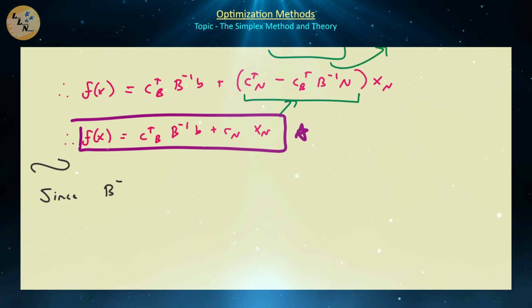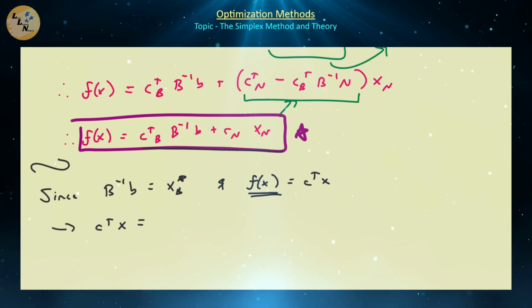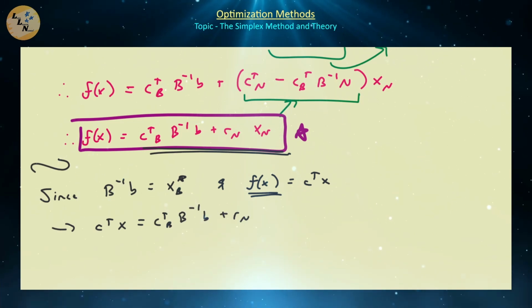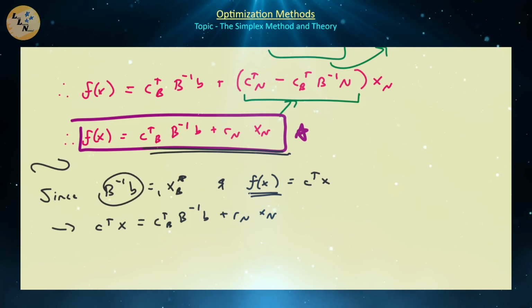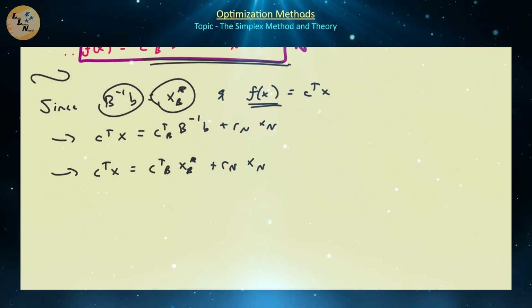Since B inverse b is going to be equal to xB star, and we also know that f of x is equal to c transpose x, that means c transpose x is also going to be equal to cB transpose times B inverse b plus rN times xN, but B inverse b is also equal to xB star. So we can write that as c transpose x is equal to cB transpose times xB star plus rN times xN.